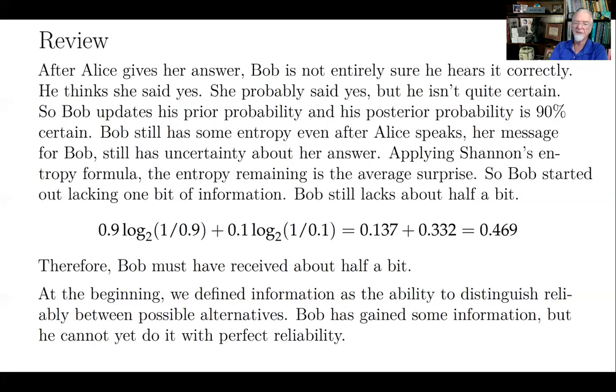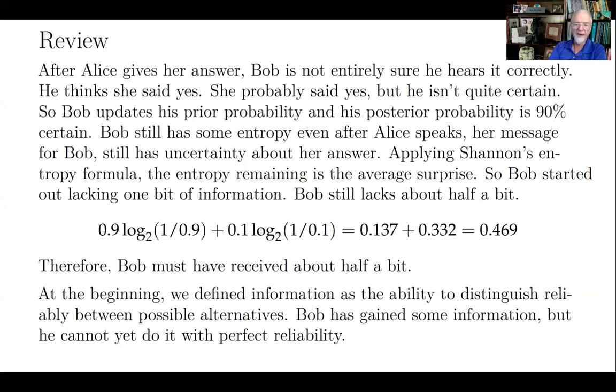Bob has the uncertainty about her answer. So all of this entropy is about Bob and his probability. Applying the Shannon entropy formula, the entropy remaining is the average surprise.